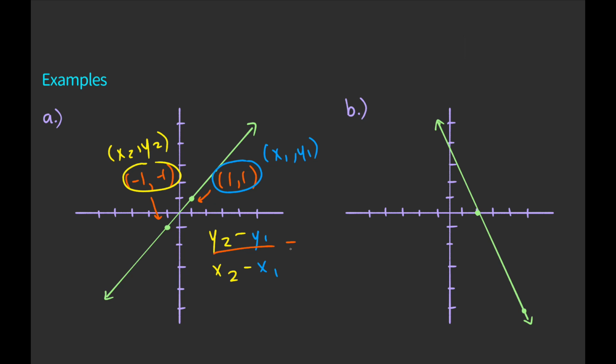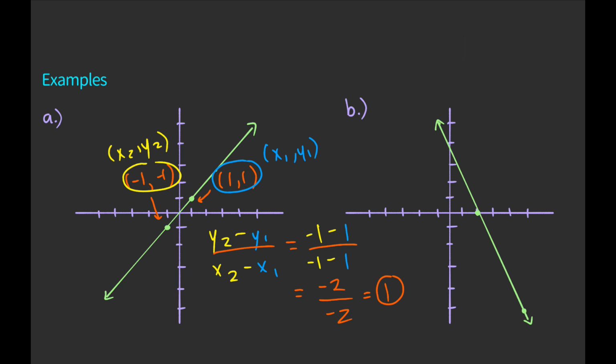So let's plug our stuff in. y2 in our case is -1 minus y1, which is 1, over x2, which is -1, minus x1, which is 1. Now we're just going to simplify. In the numerator, -1 minus 1 is -2, and in the denominator, -1 minus 1 is also -2. And that is just going to simplify into 1.